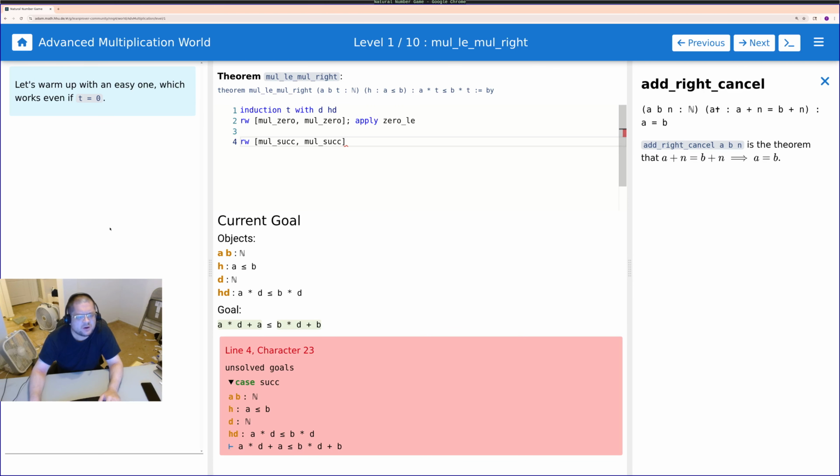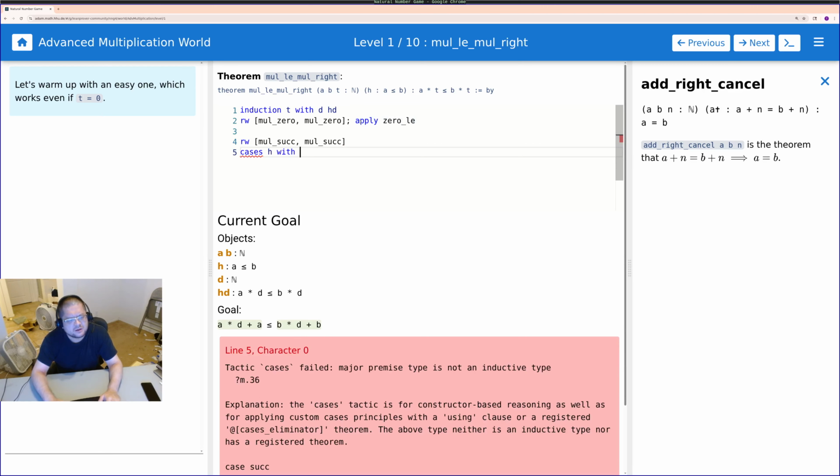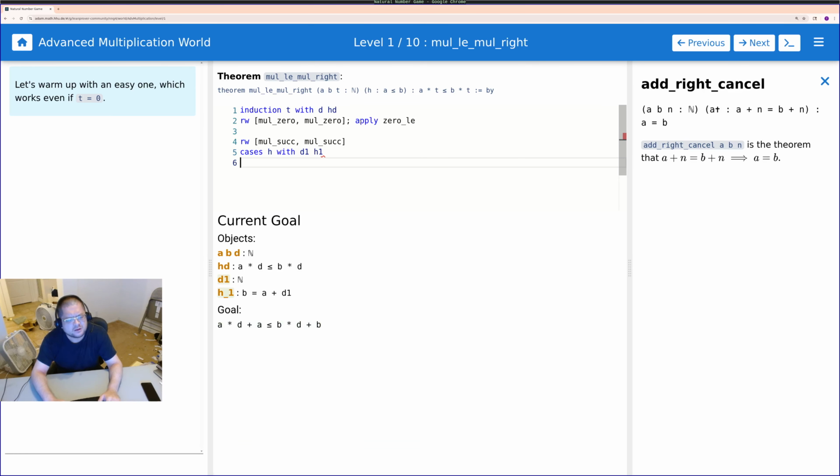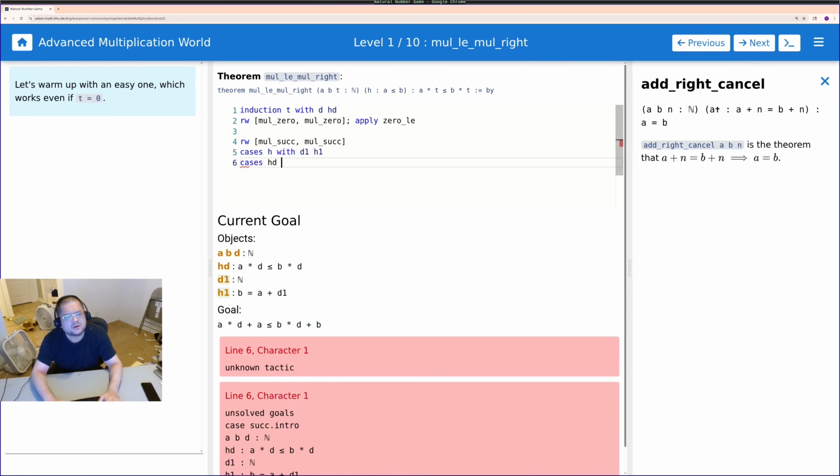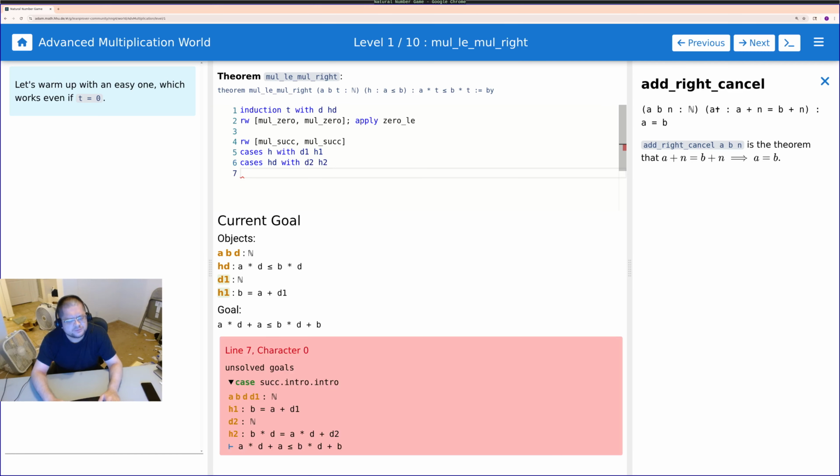Okay, so now we're going to break apart this H and this HD. So we're going to take their difference and add it here for the value we use. So we're going to use D1 plus D2.